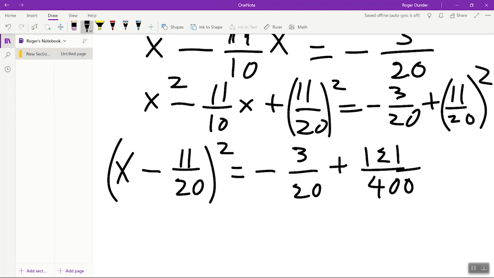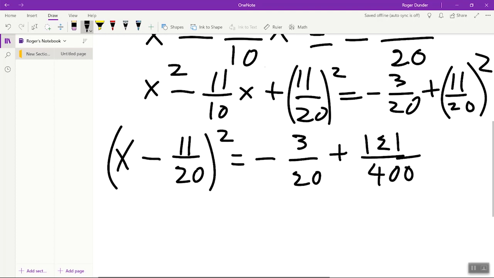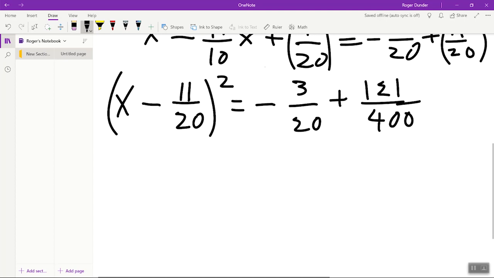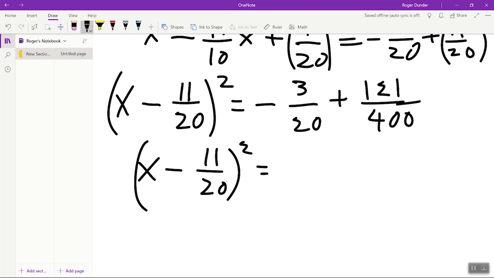Well, 20 times 20 is 400. Therefore, I'm going to have to multiply the 3 over 20 by 20 over 20. Remember, I can only multiply it by the number 1. So then this is going to be equal to x minus 11 over 20, quantity squared, is going to be equal to 3 times 20 is 60.